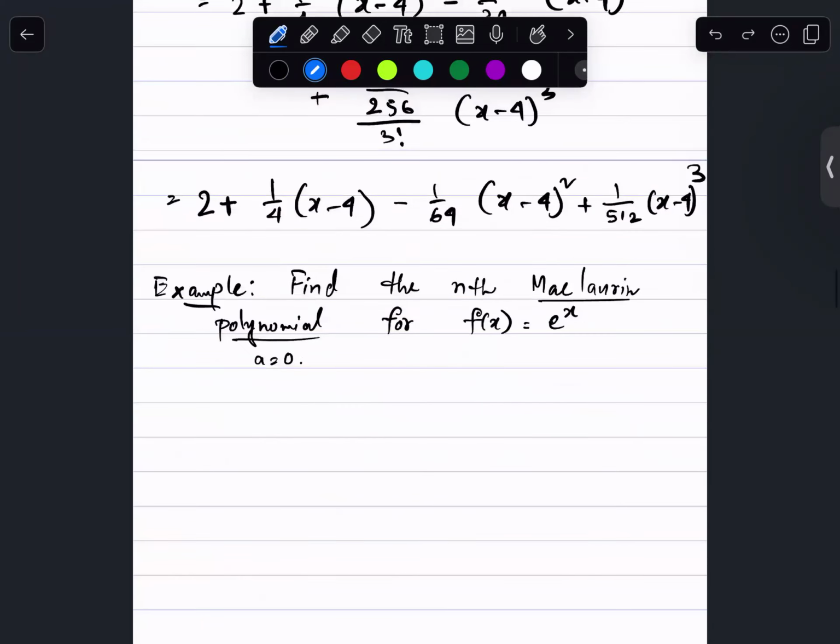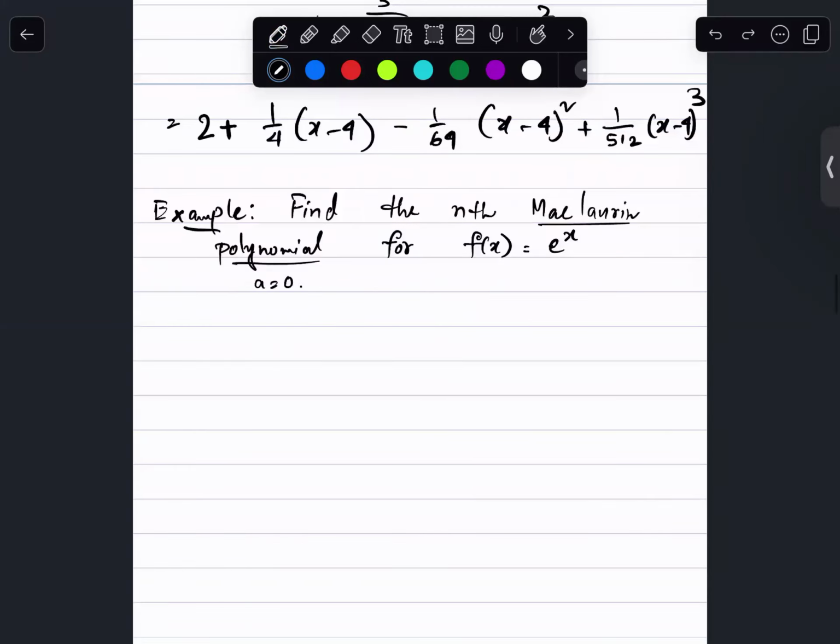Okay. So the next example is you have to find the Maclaurin polynomial for f(x) equal to e to the x. So here your a is just 0. Everything else, the general formula for the Taylor polynomial, will follow. So for this problem, my f(x) is e to the x, right?